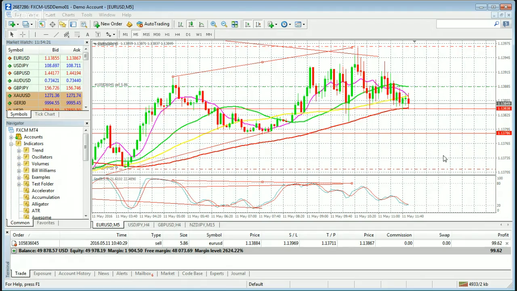Got about a few seconds left before that candle confirms. Let's see if it pushes past that point.